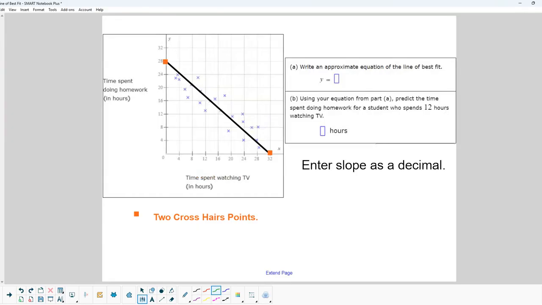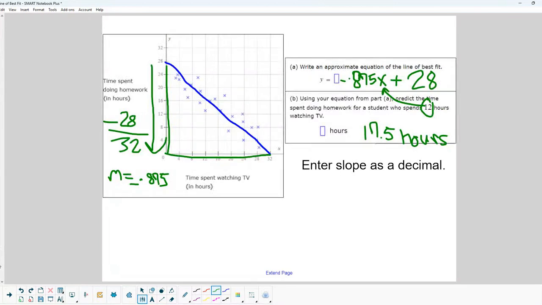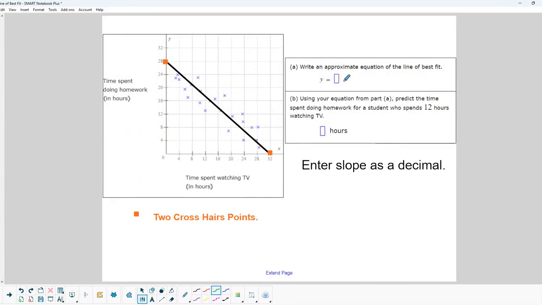All right, so this is kind of summarizing what we did. We used these 2 points as our crosshair points, and then we determined our slope and our y-intercept, and remember our slope in this case turned out to be negative 0.875, then our x value, and then our y-intercept was 28.